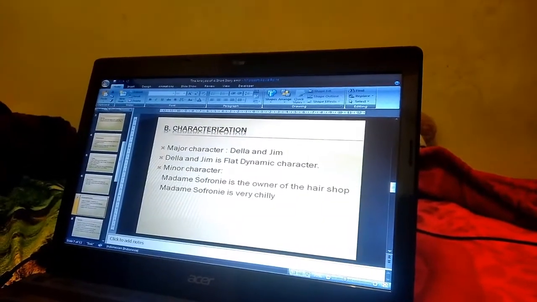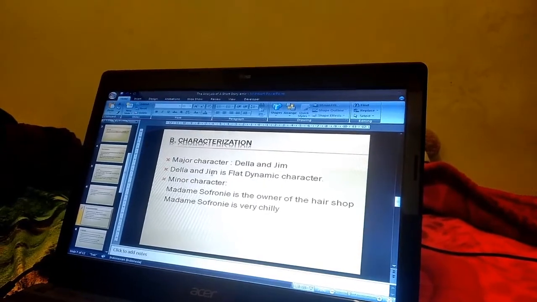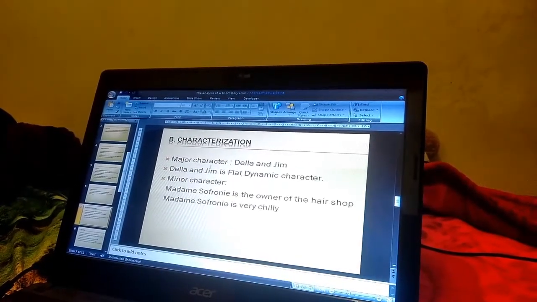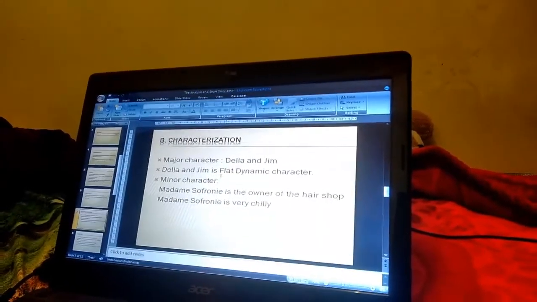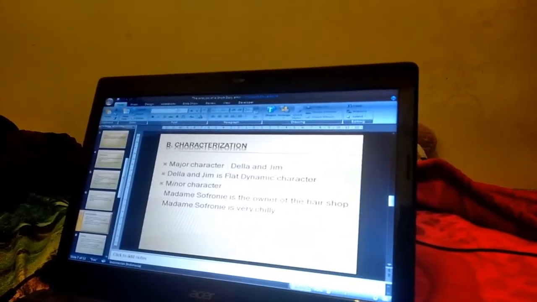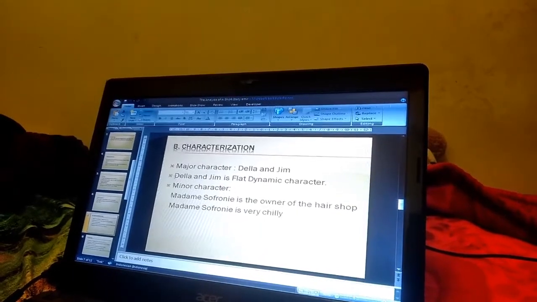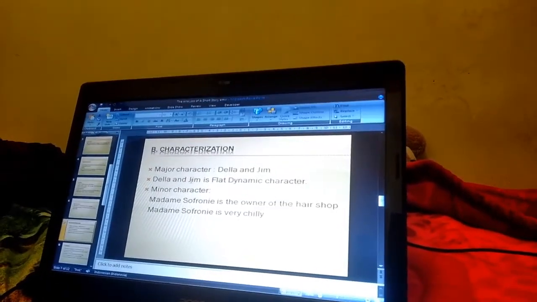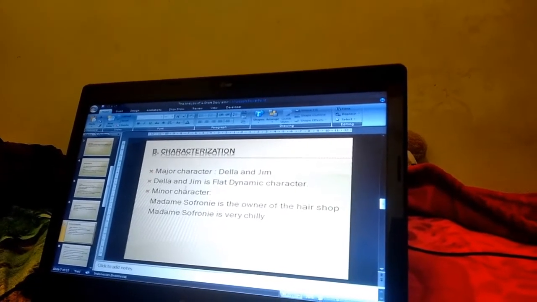And also Jim is Della's husband, that also is a flat dynamic character because Jim always loved Della and tried to sacrifice the best thing, the gold watch, that was given by Della, to give a special thing, which is the combs that Della wanted to buy.